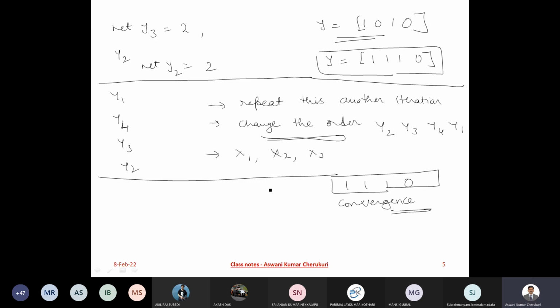Please look at problem number 14 of your book, which shows how multiple patterns can be stored with the Hopfield network, like x1, x2, x3, and you can retrieve the patterns. So please do that, and then we will connect again in the next class.